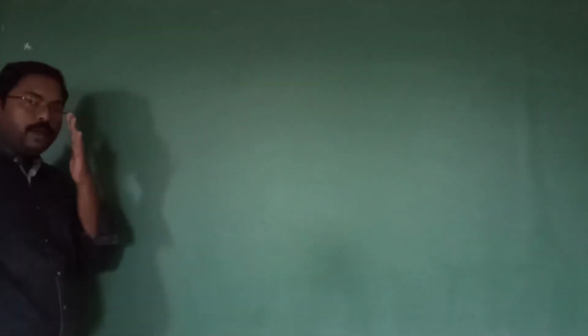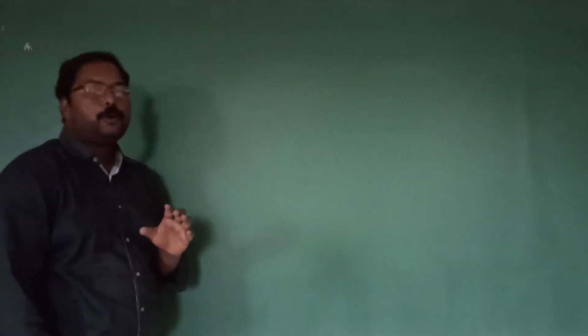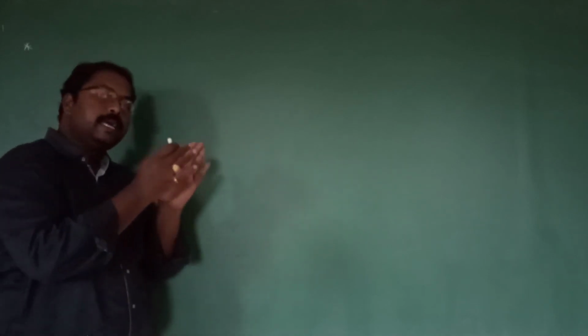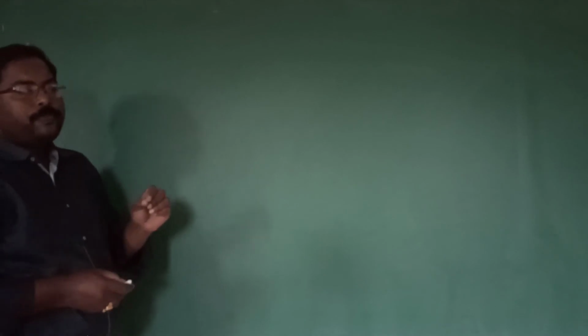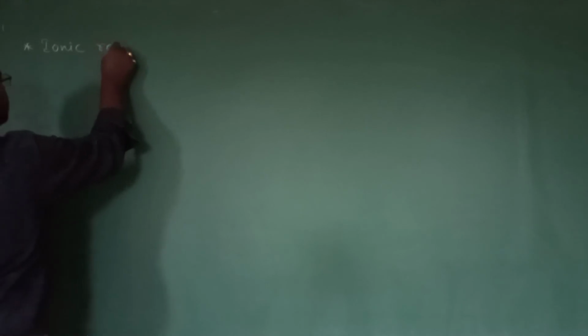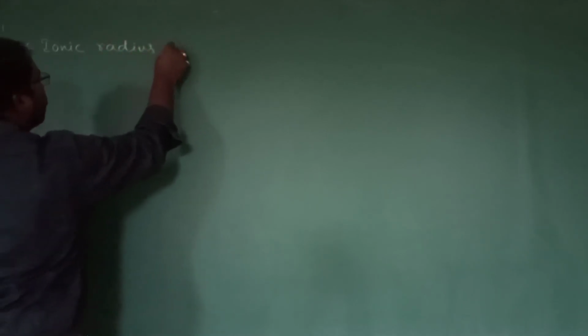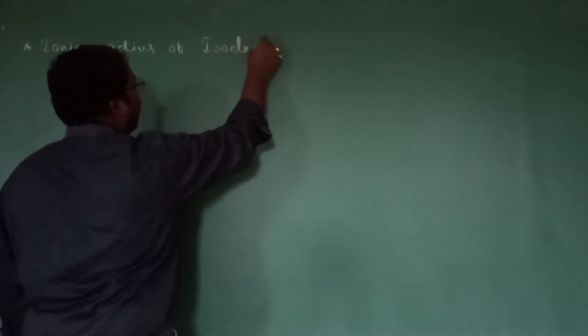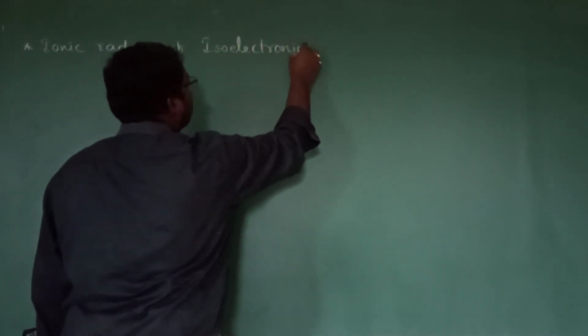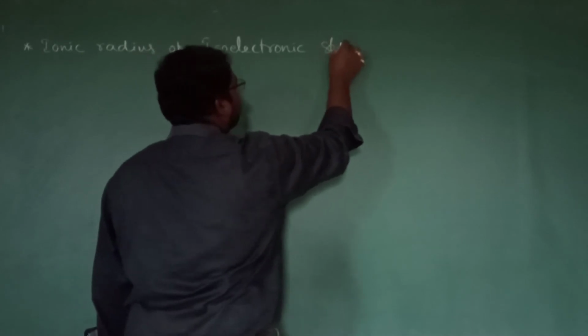Now, I hope every one of you got idea about size comparison between the cations and the anions. Now, coming to competitive exam point of view, let us discuss one thing. Ionic radius of isoelectronic species.